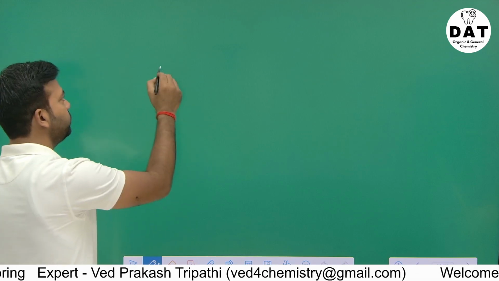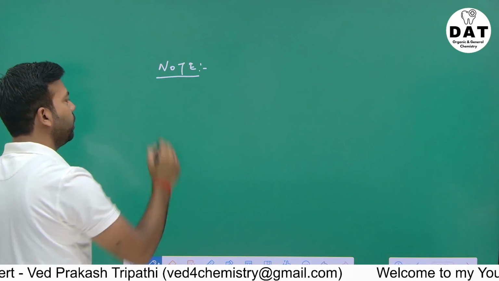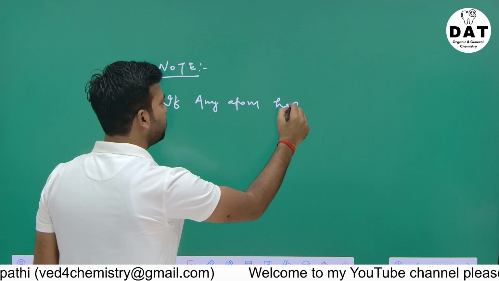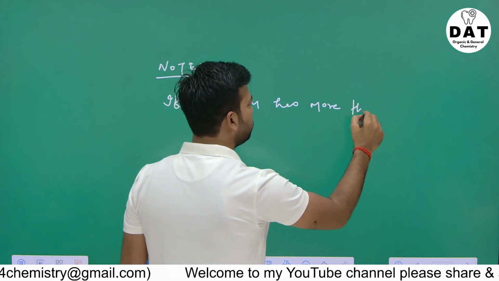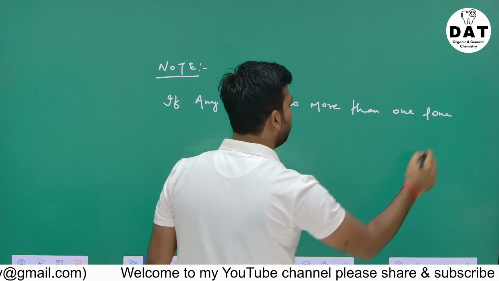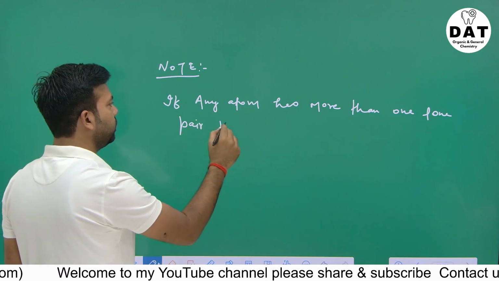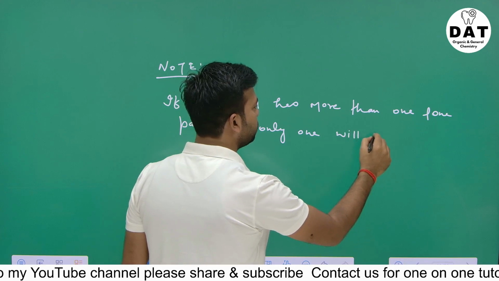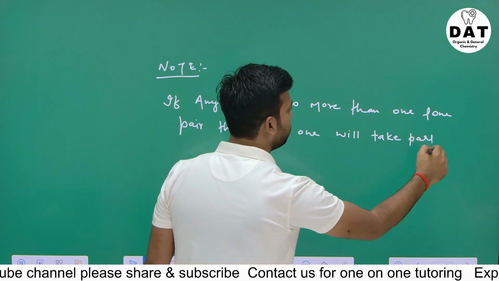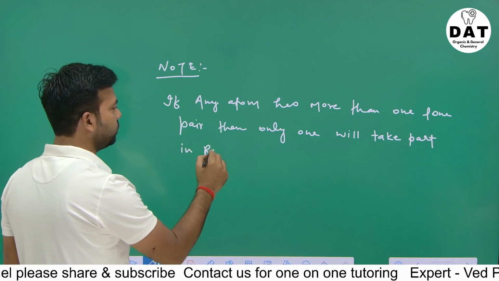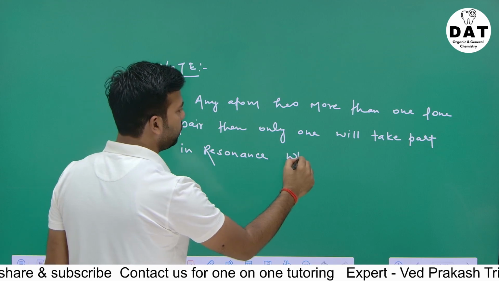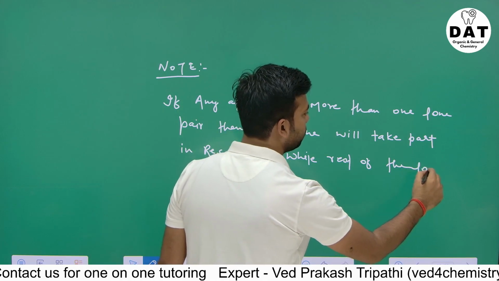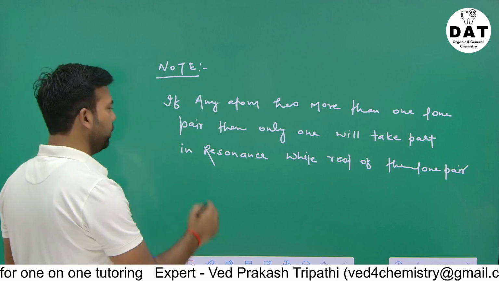Now we have a note point. If any atom has more than one lone pair, then only one will take part in resonance while the rest of the lone pairs will be non-conjugated.